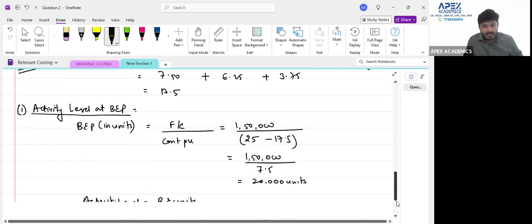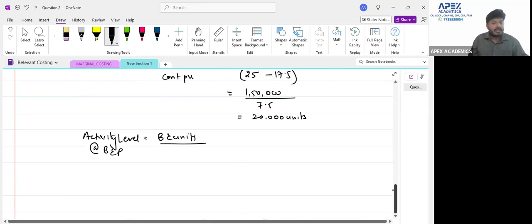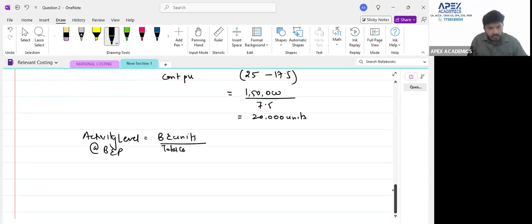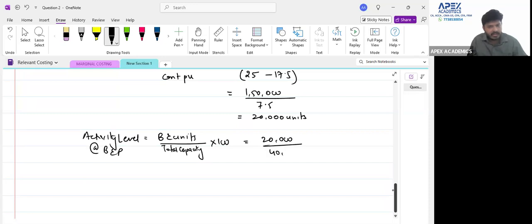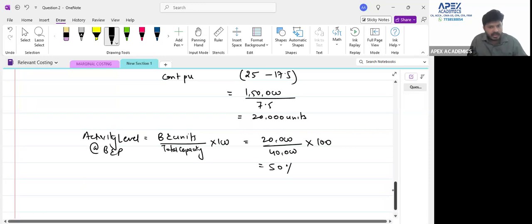What are the units manufactured at break-even point? 20,000. Divide this by your total capacity and multiply this by 100. What are my break-even units? 20,000. What is my total capacity? 40,000. Multiply this by 100. What is the answer? The answer is 50%. Therefore, activity level at break-even point is equal to 50%.